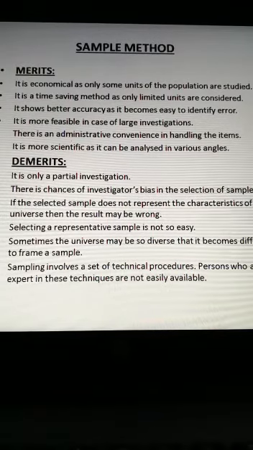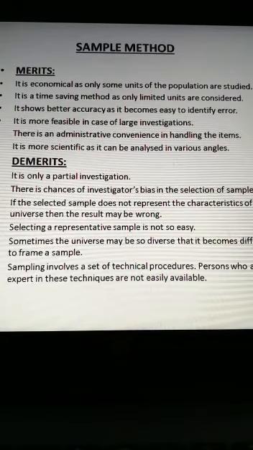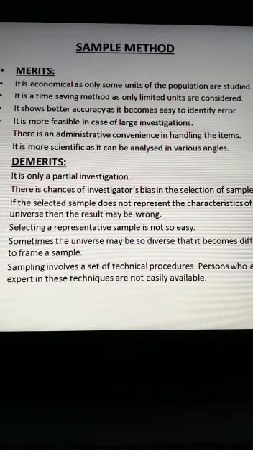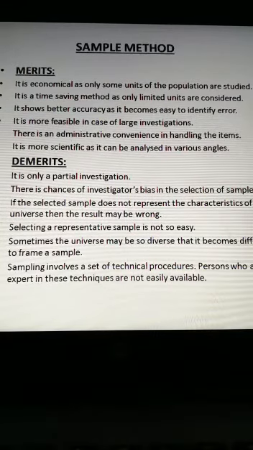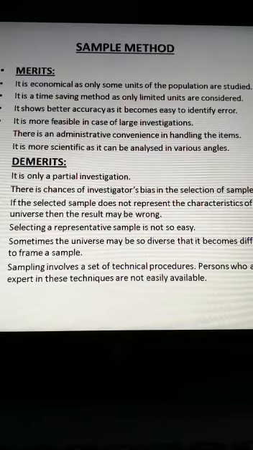And there is a chance of investigator's bias in the selection of the sample. The sample is to be selected and the investigator may show some partiality while selecting. That is, a few items he may not like, he will leave out, though maybe that is an important one for the investigation. So that partiality may be there. And then sometimes the sample we select may not represent the entire universe.